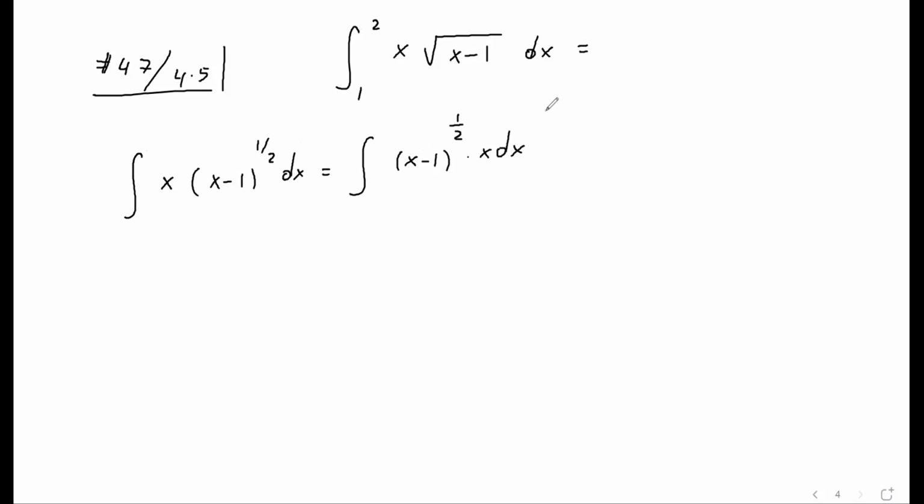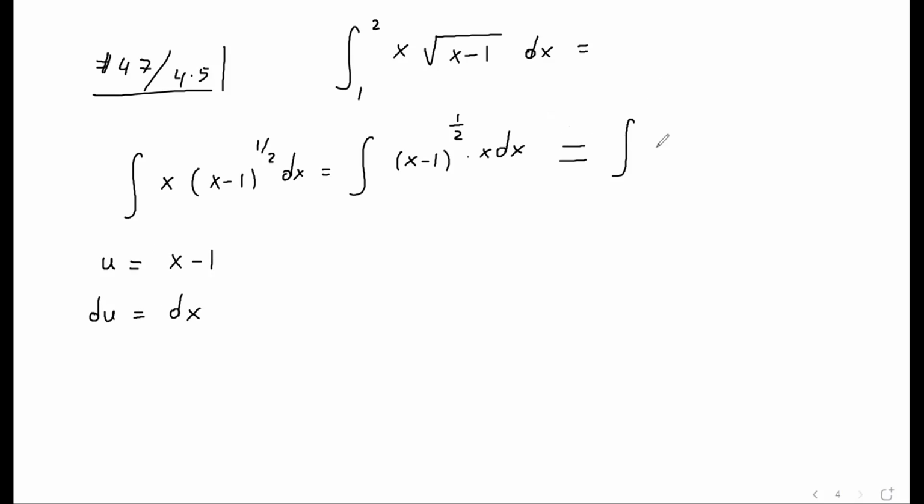And I'm going to say, well, this is going to be a substitution. So u is going to be x minus 1. du is going to be dx, the derivative of x minus 1.